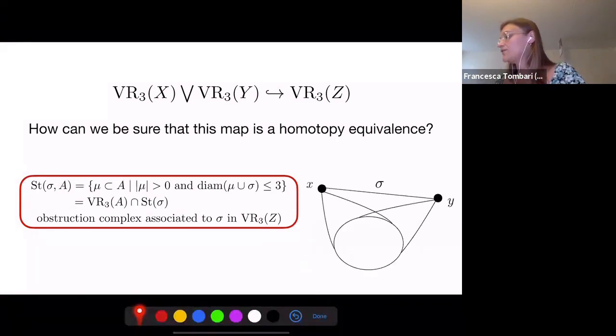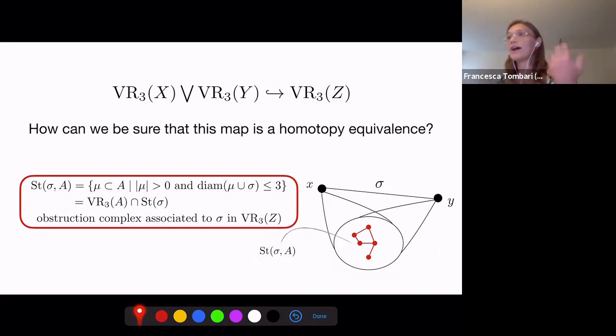Visually, if this is your sigma in the Vietoris-Rips complex, this obstruction complex associated to sigma is going to be something that lives indeed in the intersection of the two pieces covering the space. Okay, but this is only for this particular case.